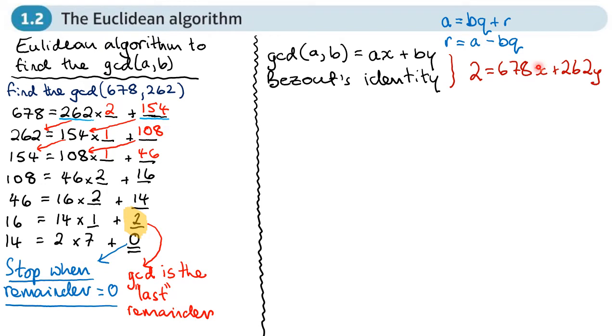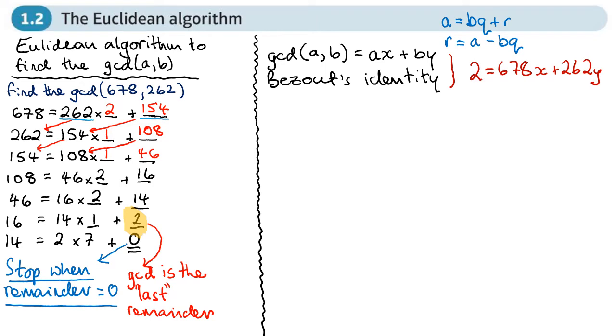Now, obviously, either x or y is going to be negative, because we've got a number smaller than both of them. So x and y are going to be integers, and I'm going to show you how we do that.